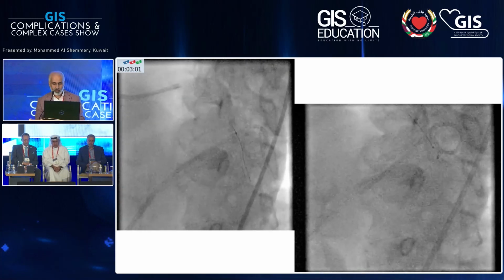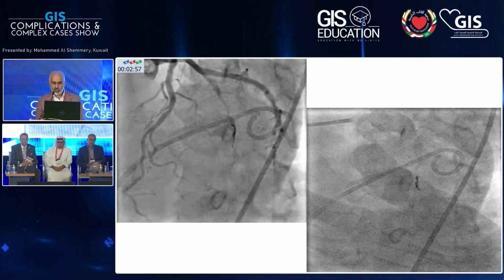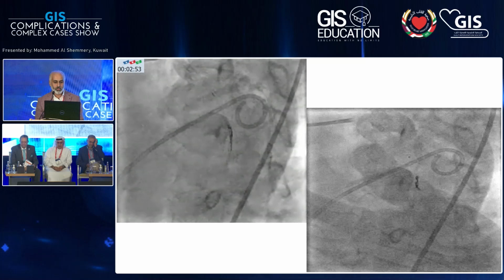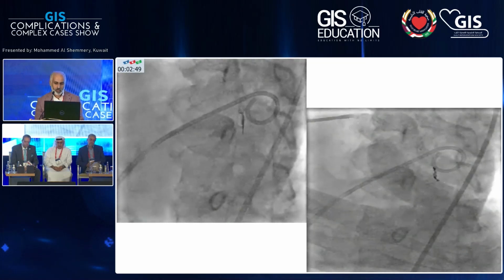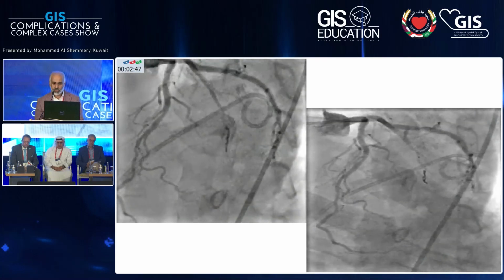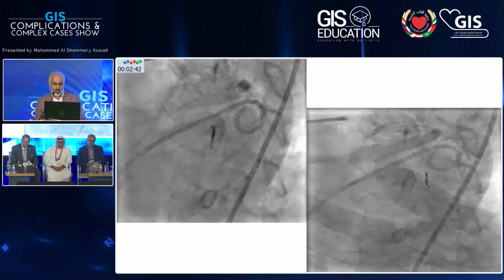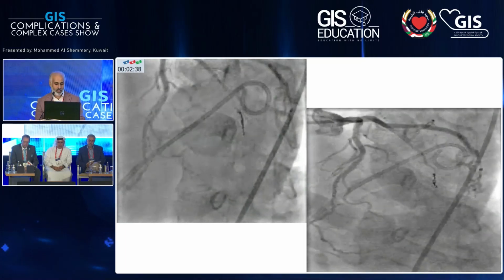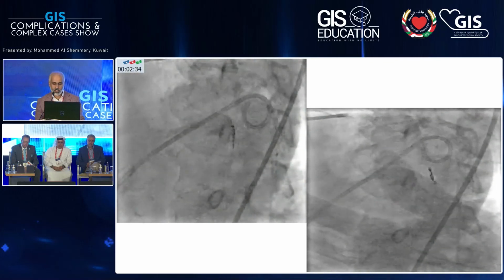So we weren't happy about the first position, and we went more distal because it was quite difficult to visualize the anatomy of this lesion. So we deployed it, but we didn't completely release it, and we waited for about 5 to 7 minutes. If you look at the left picture and the right picture, it does show almost complete sealing of the extravasation.